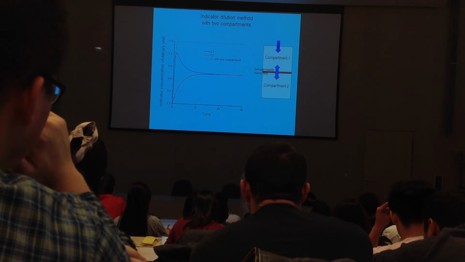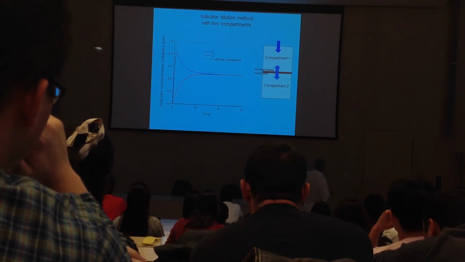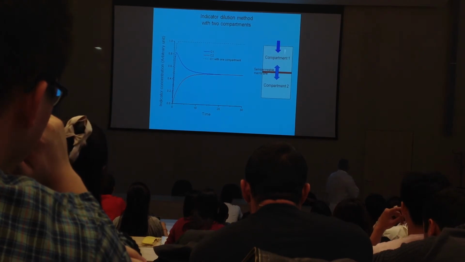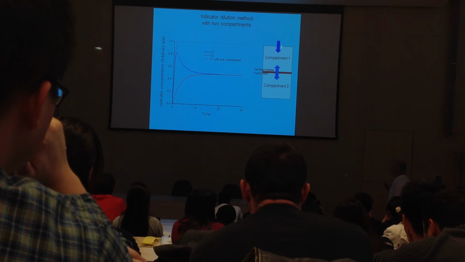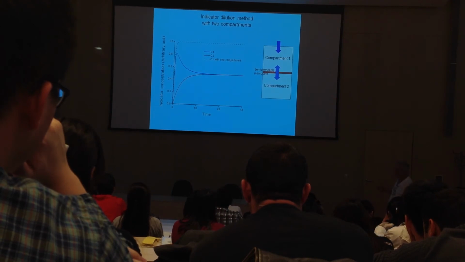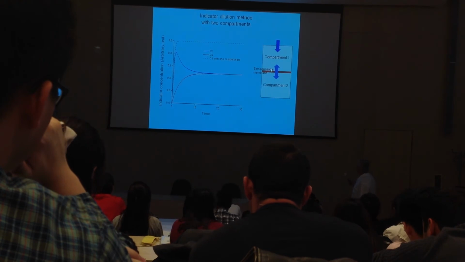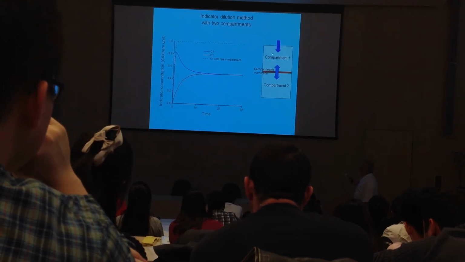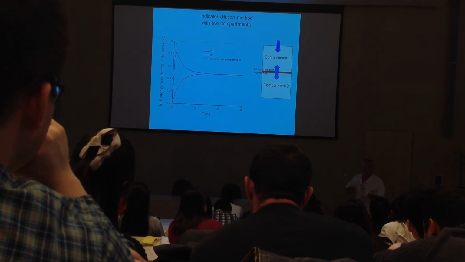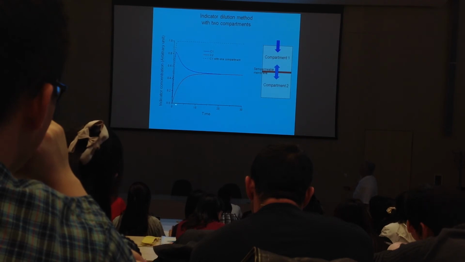Let's assume we have two compartments. The two compartments are interconnected with each other. We can access compartment 1, but compartment 2 is accessible only through compartment 1. So what is the situation here? We inject the indicator into compartment 1, the same situation as injecting an intravenous drug.